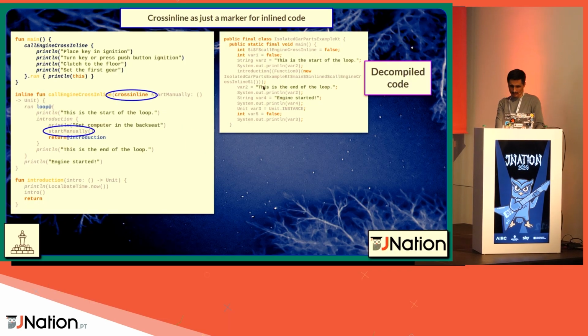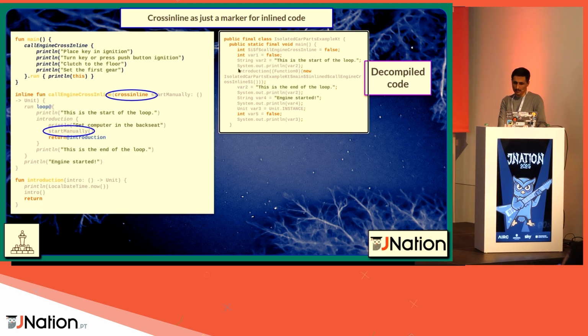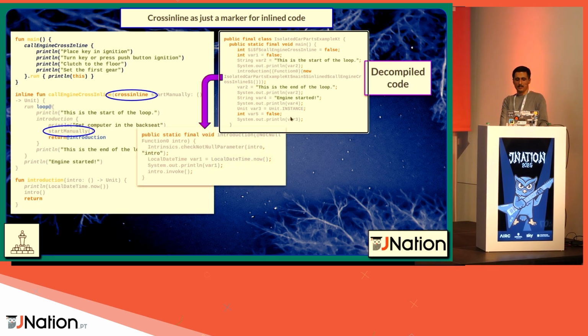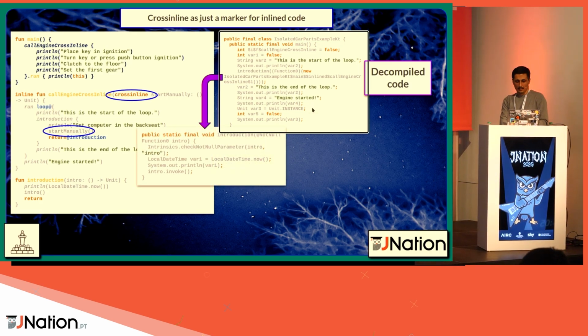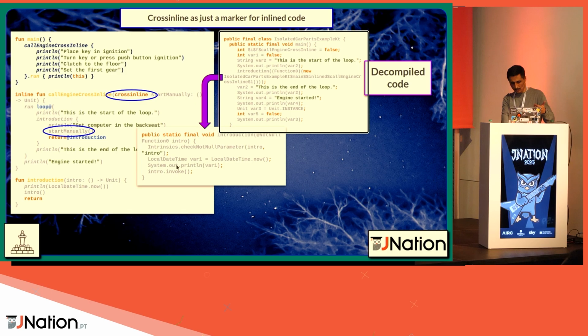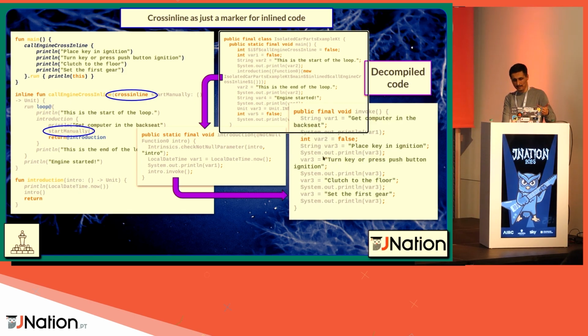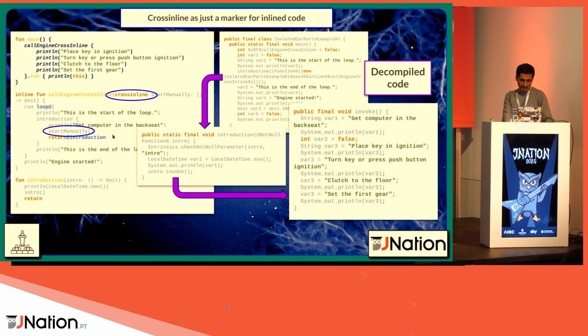Everything is inline, except for this call for introduction, where we get this part of the code that then gets called here to invoke. That's this part of the introduction. And then finally we get everything inlined over here. So we get the computer in the back seat, and then all of the stuff that's being crossinlined here gets put in here.